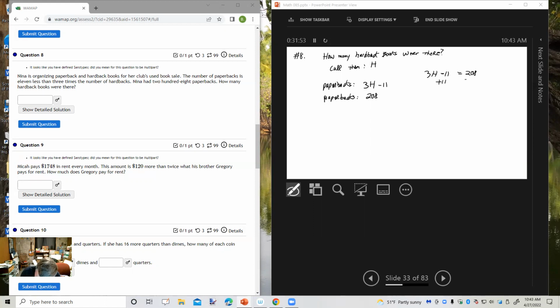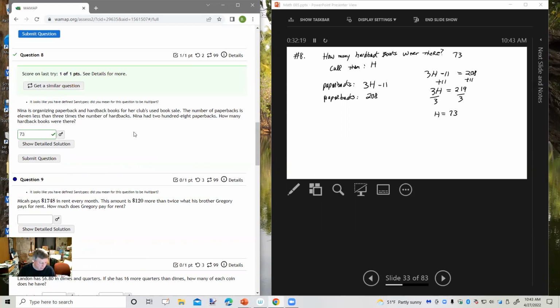I'm going to add 11 to both sides. 3H equals 219. Divide both sides by 3. H equals 73. How many hardback books were there? 73. Tell you what, let's even go and put that in and see what it says. All righty.